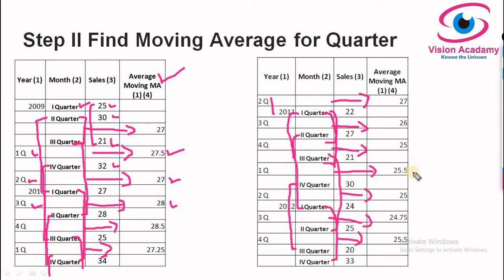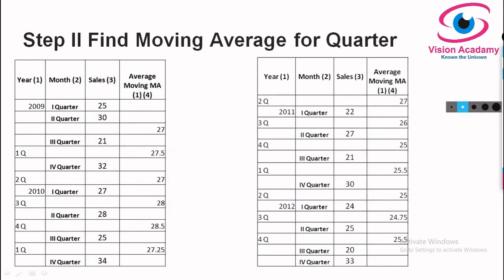Here, for 25 we have discarded the second quarter in 2011. Like this I have shown you which quarter I have discarded, for understanding purposes. By this way we have taken the moving average.